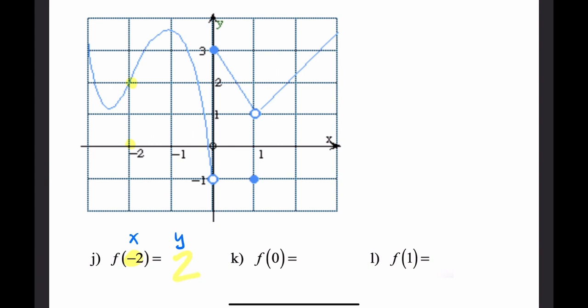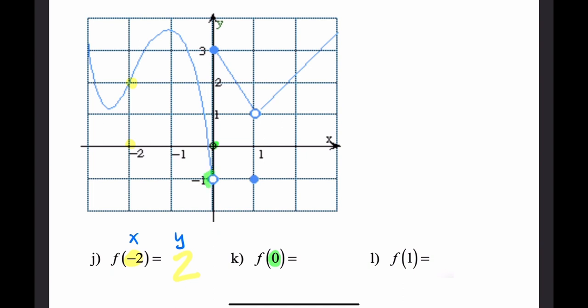Now, next one. Here it's telling me when f of x, when you observe it at 0, right, here's 0. What is the y value at 0? Now, I have 2 points, or it looks like 2 points at the value of 0, but one is a hole and one is an actual point.